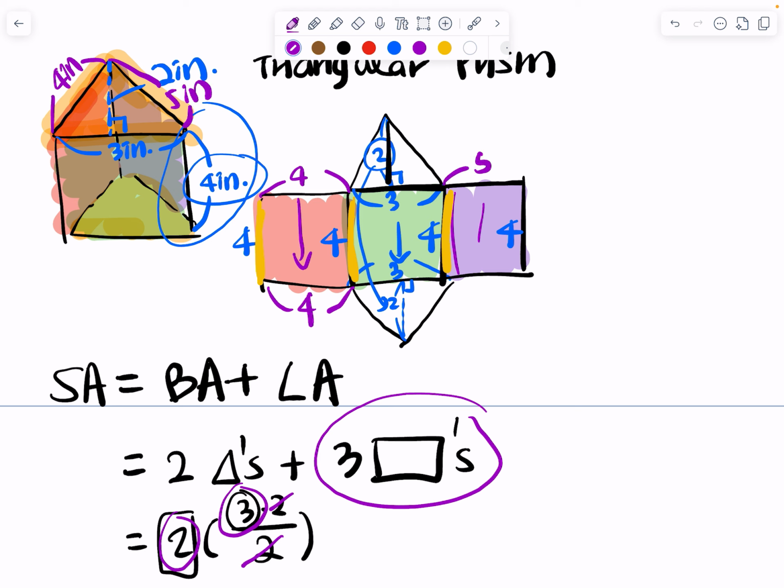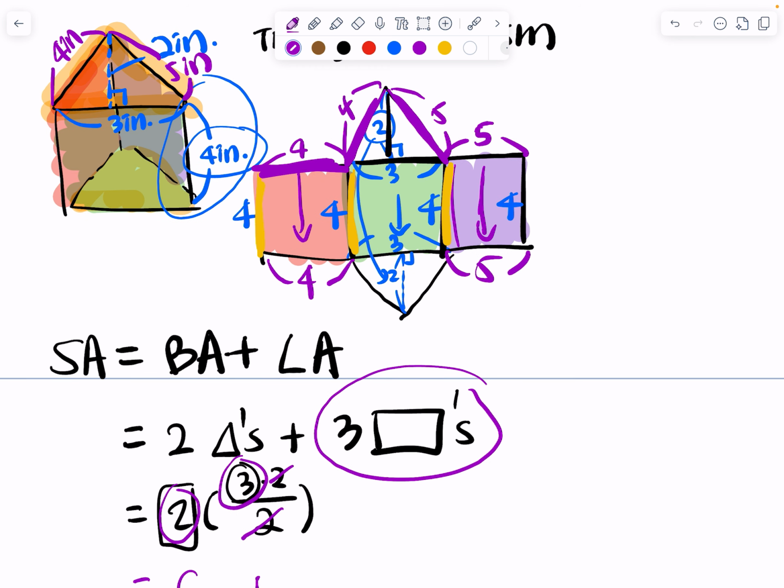That will be 5 here. Matching game, 5 there. That will make this one 5 as well, isn't it? And because this is 4, this side right there is 4. That's my complete net. So how do we find the area of each rectangle? There are 3 of them, right? 4 by 4 gives you 16.